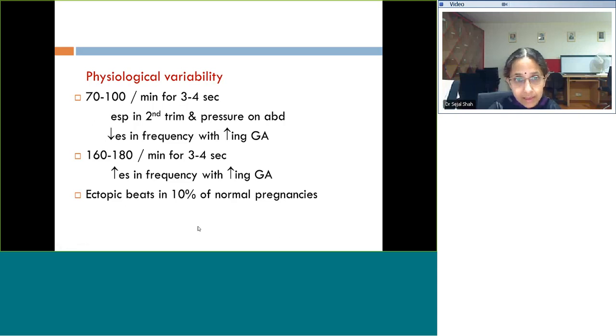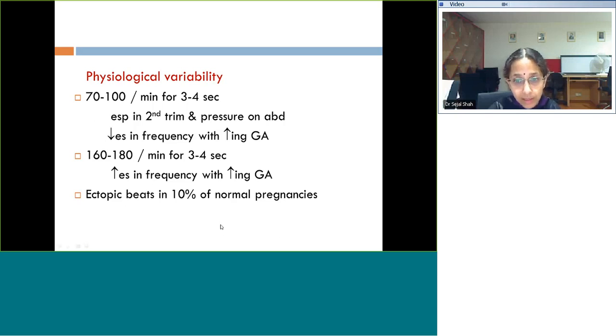But still, there are certain situations where we have physiological variability. We can see a transient rate going down to 70, 80 per minute, especially when we apply pressure on the abdomen, or the rate going up to 180, which is transient. Transient means it's for 3 to 4 seconds. And sometimes we can have occasional extra beats also.